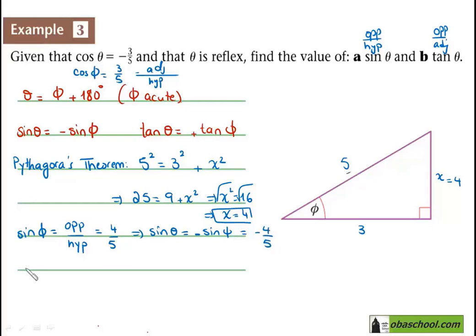Now, for tan phi, it is opposite over adjacent. The opposite is 4 and the adjacent is 3. So, 4 over 3. We know that tan theta is plus tan phi, so it is the same value, which is plus 4 over 3.